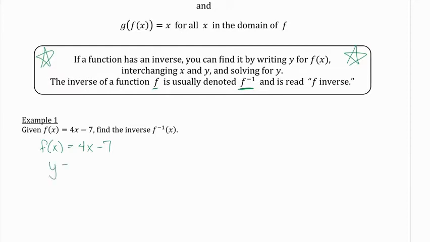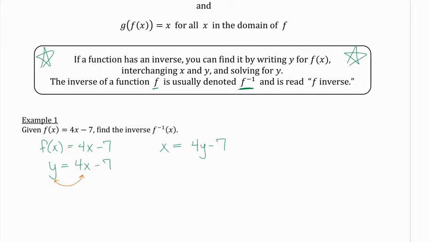So I'm going to rewrite that as y equals 4x minus 7. Then the next part says interchange x and y. So I'm just going to trade their places. So instead, I'm going to write it as x equals 4y minus 7, right? Just switch out the x and the y. That's how we're making it be the inverse.